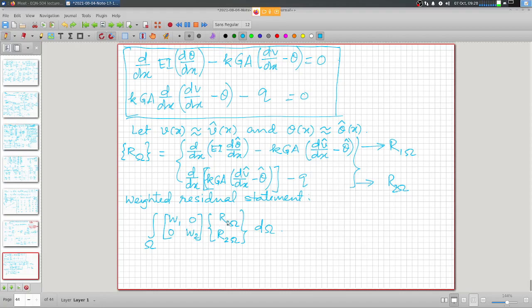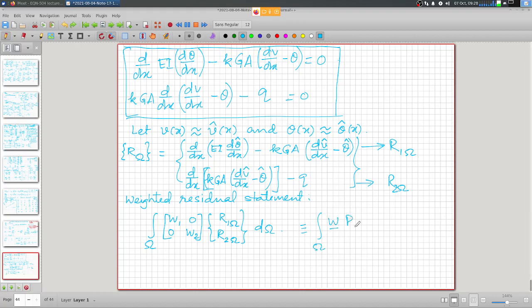So one weighting function for the first row and a second weighting function for the second row of this statement. And similarly, if there are more equations, you can have as many more weighting functions in the matrix of weighting functions.